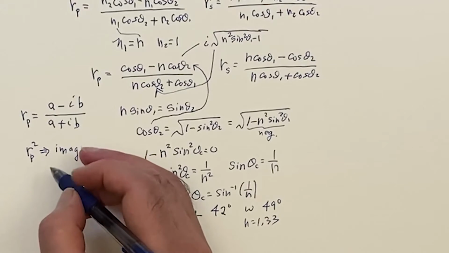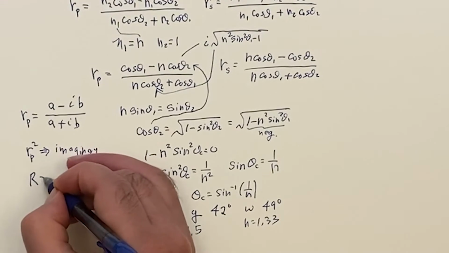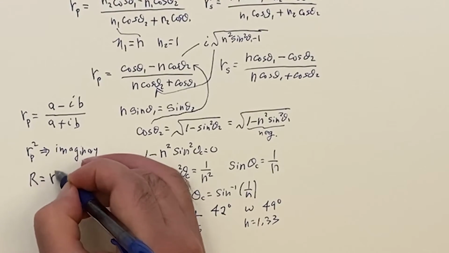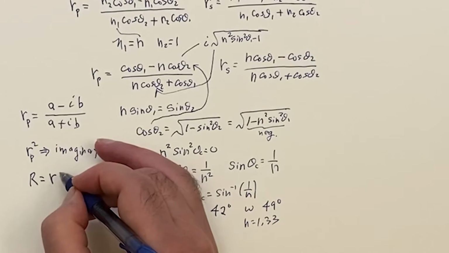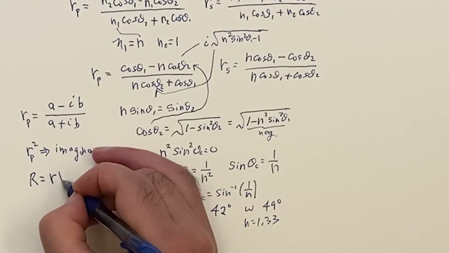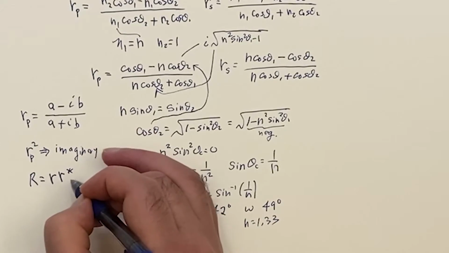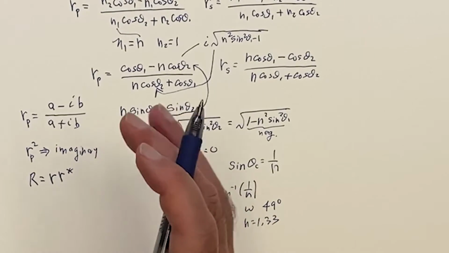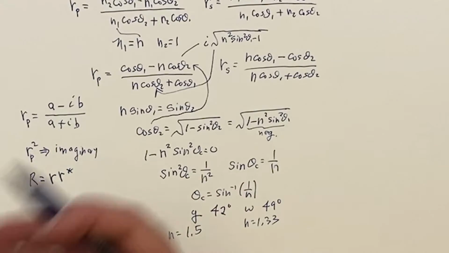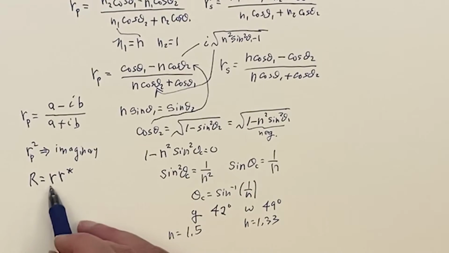Remember that when we talked about phasors, if you wanted the square of a complex number in terms of physics, because you want the energy, or the amplitude squared, you do this.